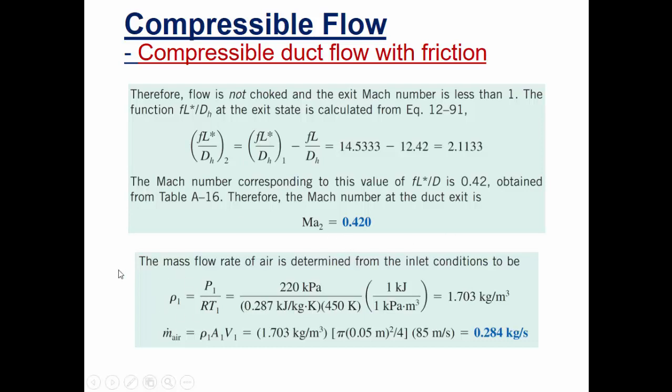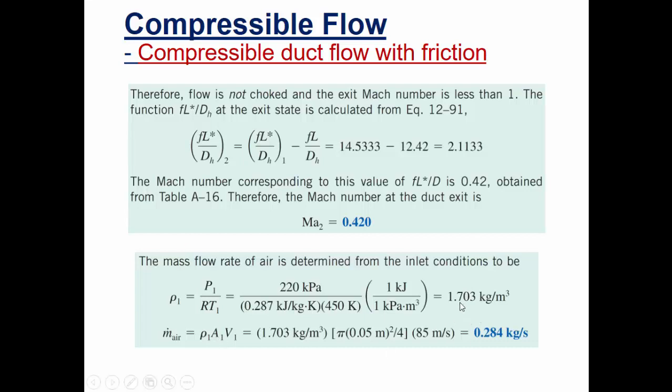First, by looking for the density, where we have the information on the cross-sectional area from the diameter that has been given to us, and also the information of the velocity, which is also given in the question. So now we just need to find the density, and we can find it by using the ideal gas relationship.